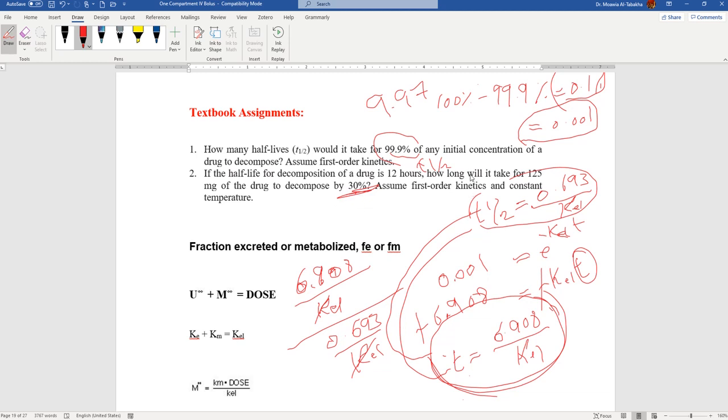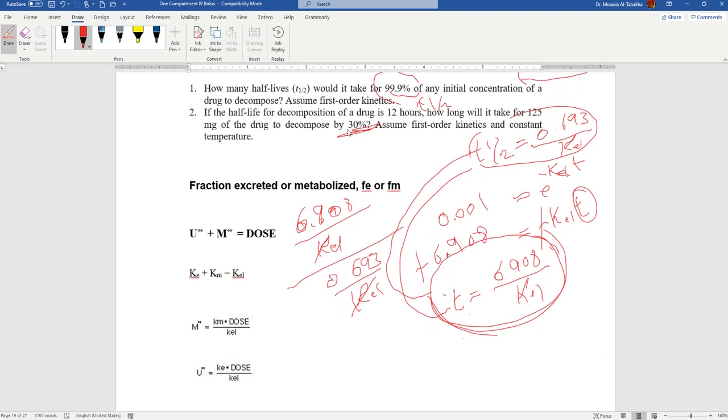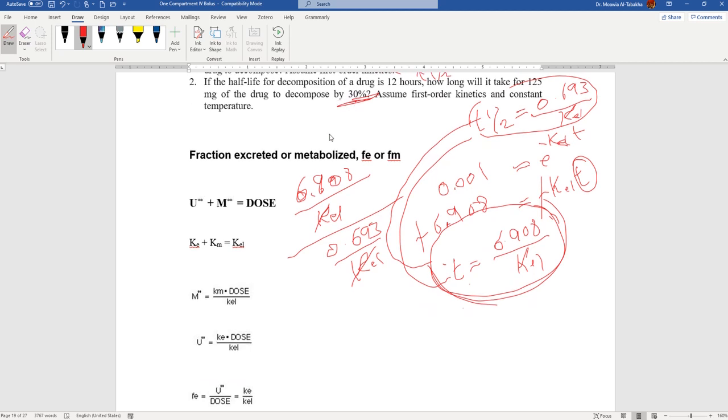Assume first order kinetics. طيب, let's talk about how to solve this. عندنا هون it says 30% decomposition. معناته how much is remaining is 70%, صح?